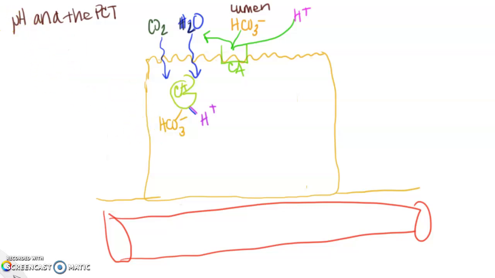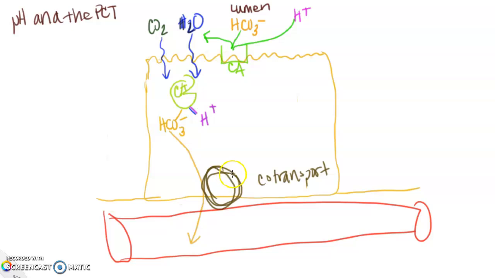There is a transporter along the basolateral edge. A big giant transporter. And it's a co-transporter. So co-transport. And what that does is that brings the bicarbonate into the blood.